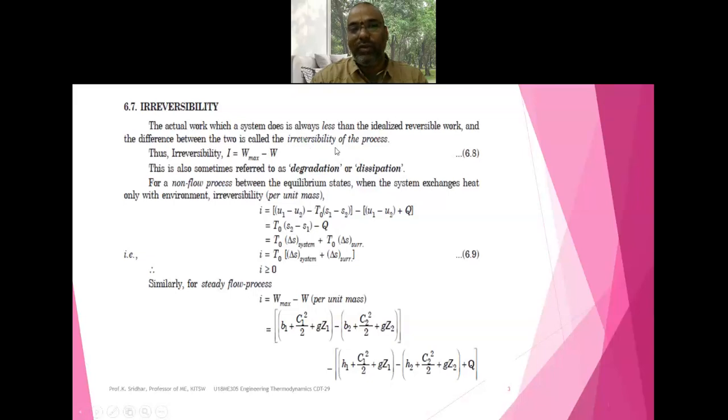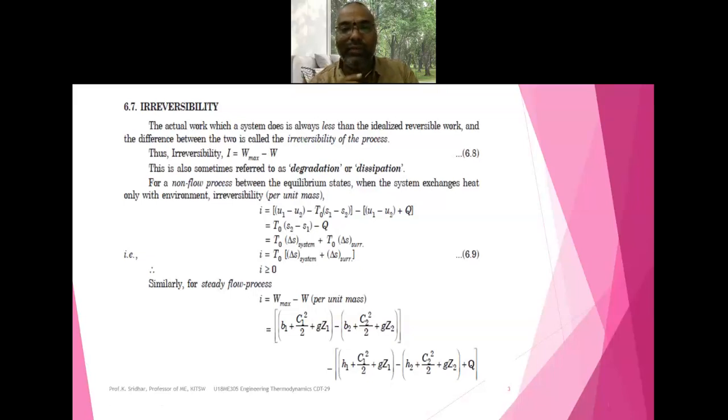Whenever we find from the Carnot cycle the maximum work which can be expected from a heat engine, that is under ideal conditions. But whenever we execute the same heat engine in actual practice, it will deliver a lesser amount of work as compared to the work produced by the Carnot heat engine in the ideal case.